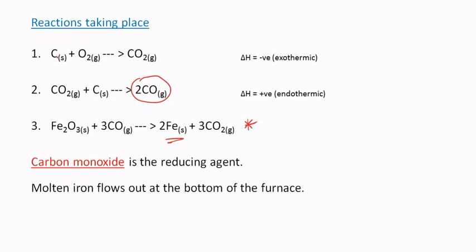So the first thing, the carbon reacts with oxygen to produce carbon dioxide. Then the carbon dioxide reacts with more carbon to produce carbon monoxide. And it is the carbon monoxide that reacts with the iron trioxide to produce the iron. Okay, so carbon monoxide is the reducing agent, not the carbon dioxide. And the molten iron flows out at the bottom of the furnace.